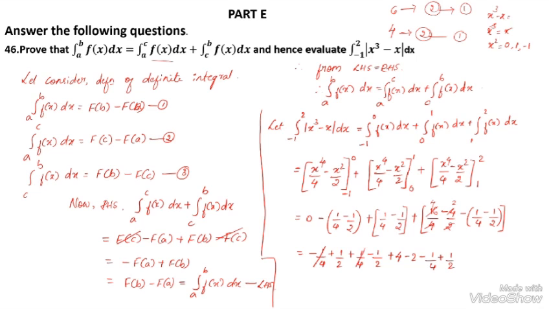Minus 1 by 4 plus 1 by 4 gets cancelled. 1 by 2 minus 1 by 2 gets cancelled. 4 minus 2, that is equal to minus 1 by 4 plus 1 by 2. While taking the LCM, you will get 4. That is 2 fours are 8, minus 1.